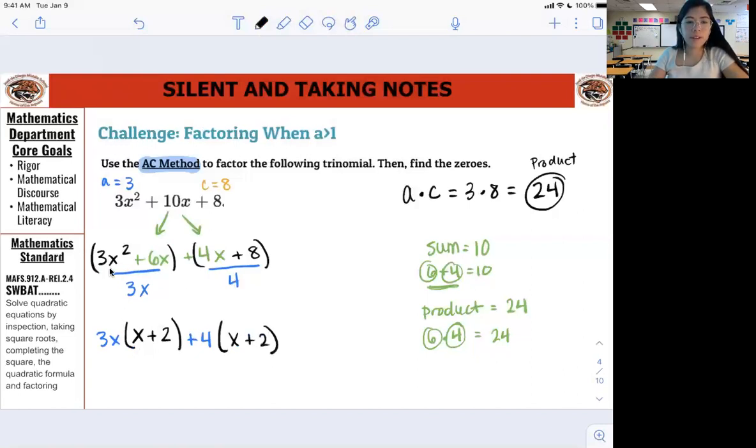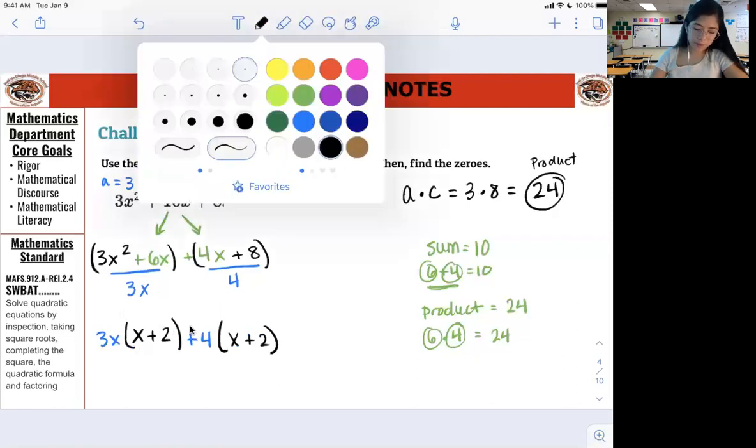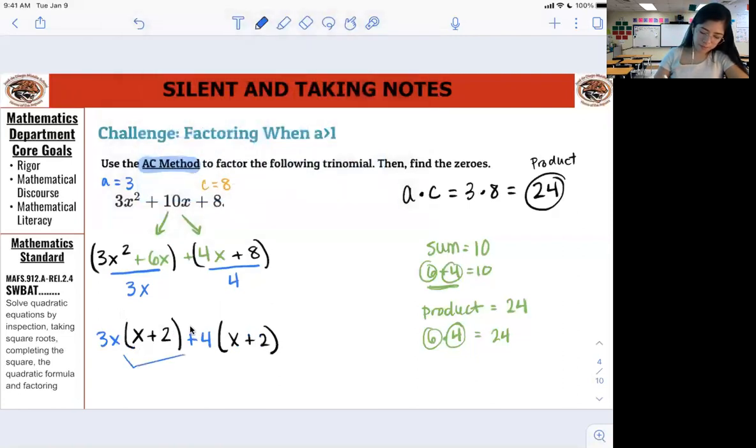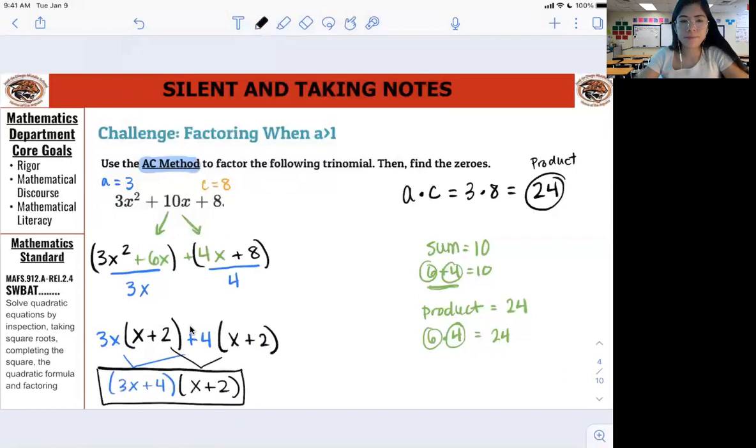So there we have it. We have 3x and we have our 4. I bring those together. And then I have my x plus 2's. I bring those together. And those are my factors.